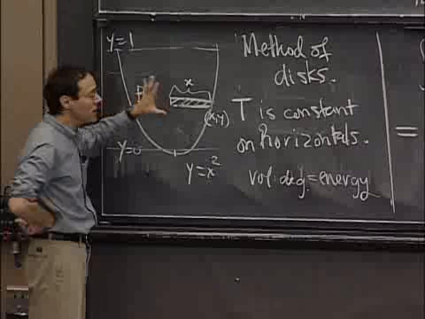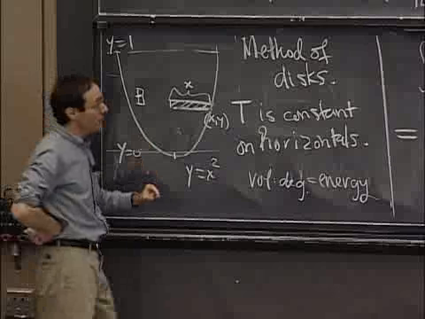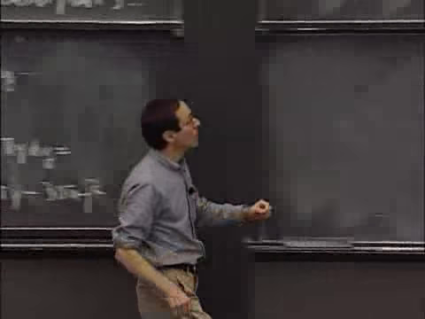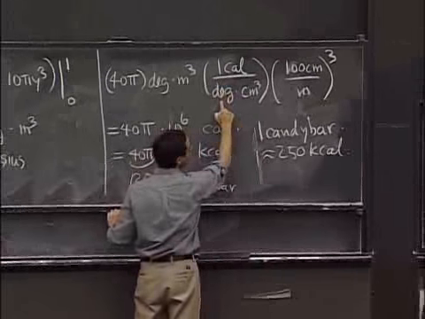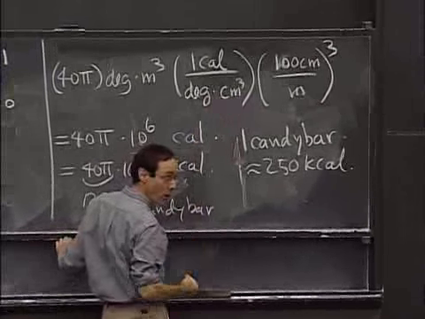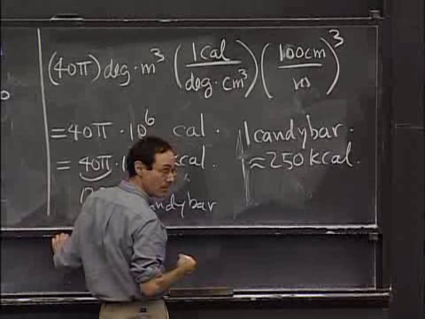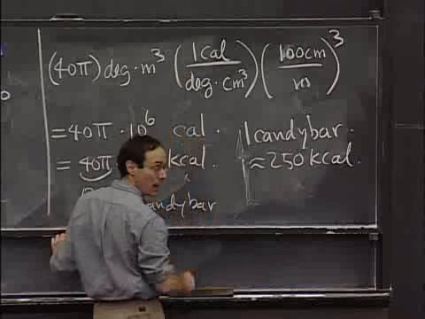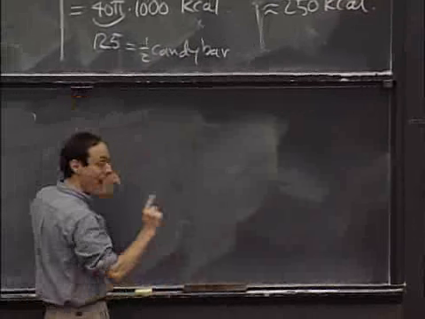And what we're doing with the integrals, we're adding up all of those degrees. And the calorie represents how much it takes to raise by 1 degree 1 milliliter of water, 1 cubic centimeter of water. That's the definition of a calorie. And we're adding it up.